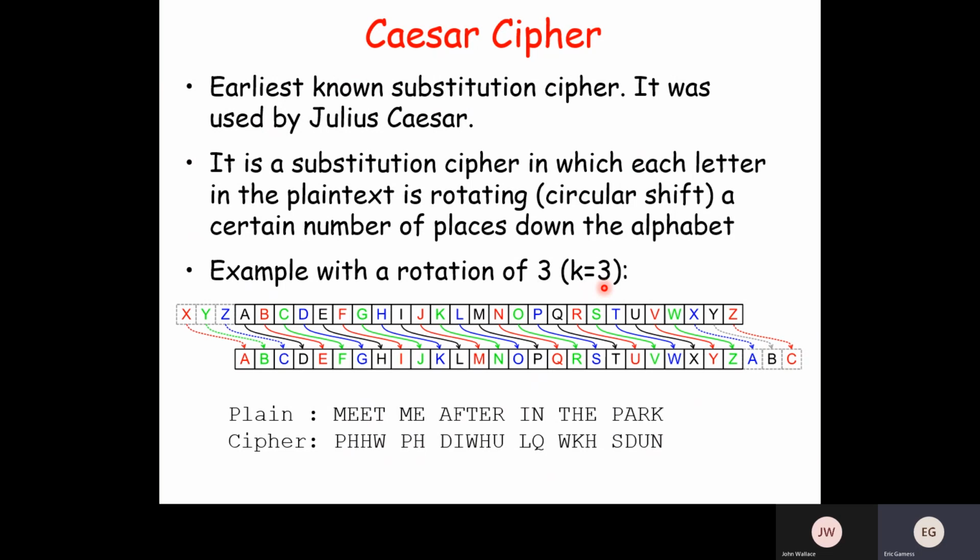Because if I shift it 26 times, I come back to the same alphabet. If I do it 27 times, it's the same thing as doing it 1 time. Because we have 26 letters. If we take the A and shift it 26 times, it comes back to be the A. If we do it 27, it will become the B. So of course, it's modulo 26. So we only have 25 keys, from key 1 to key 25.